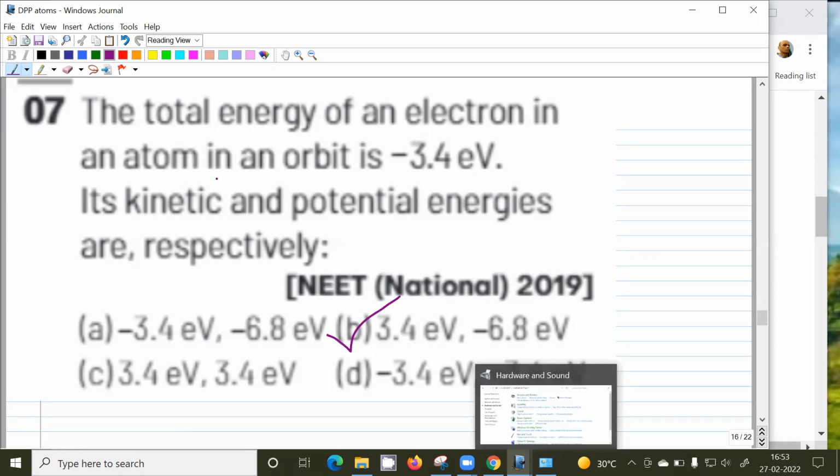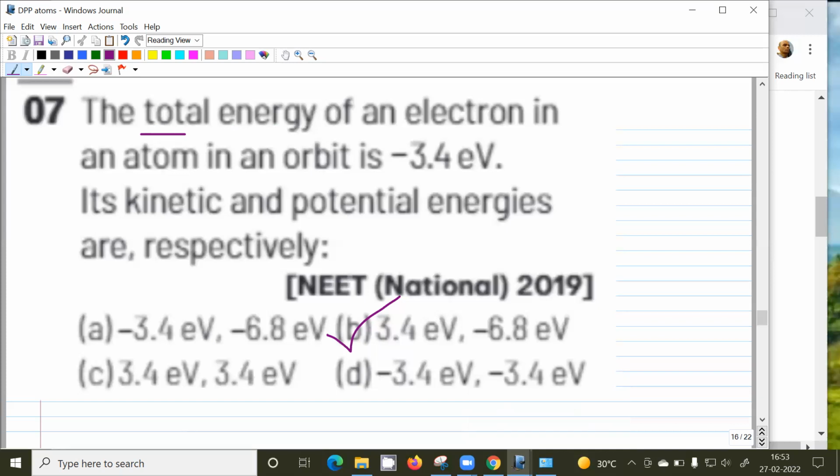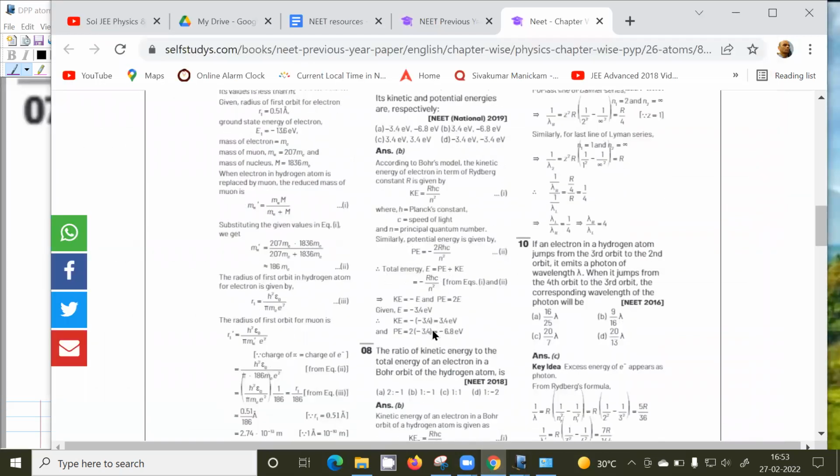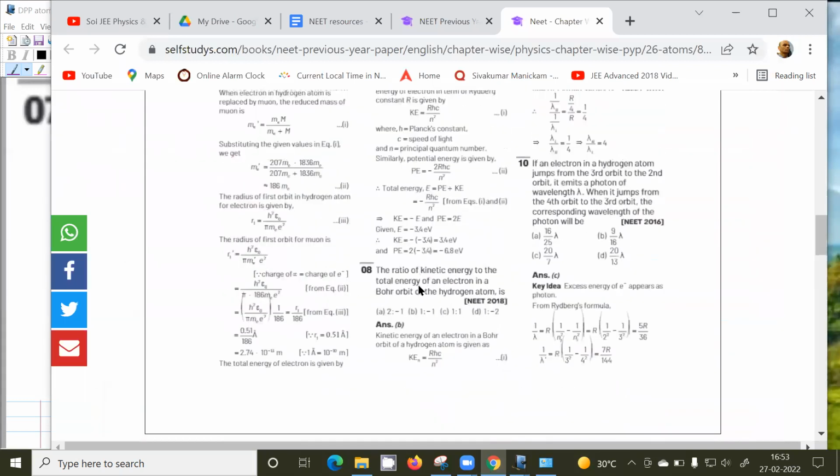What are the different forms of energy here? Kinetic energy plus potential energy will be the total energy. It's electrostatic potential energy between two charges. The ratio of kinetic energy to total energy of the electron. This is a trivial question.